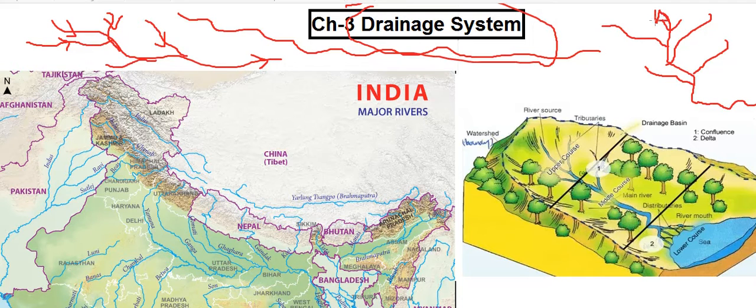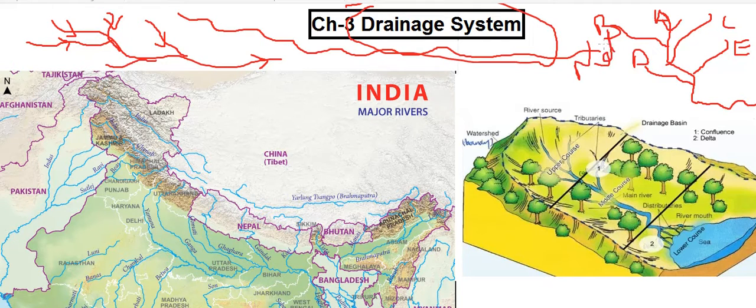Suppose this is A, this is B, this is C river joining the network, and you can say D and E, all these well-defined channels or drainages are forming a network.